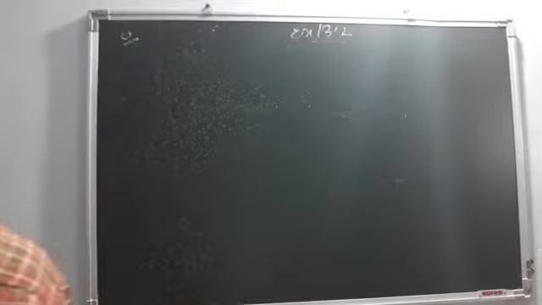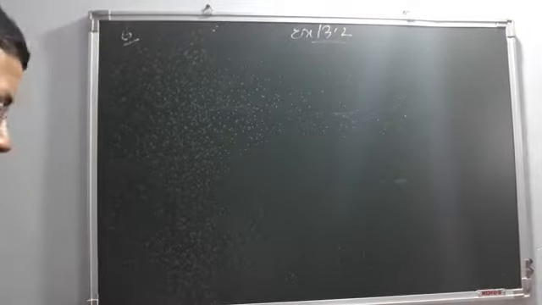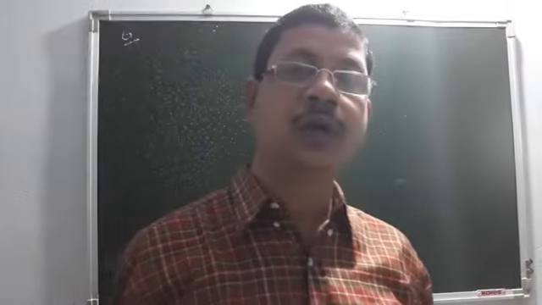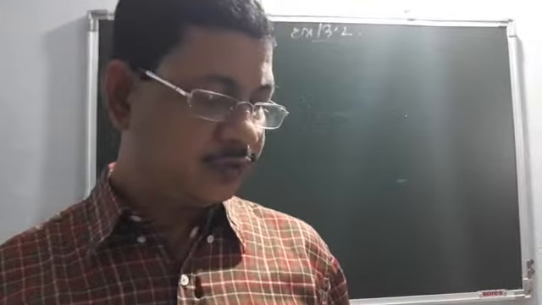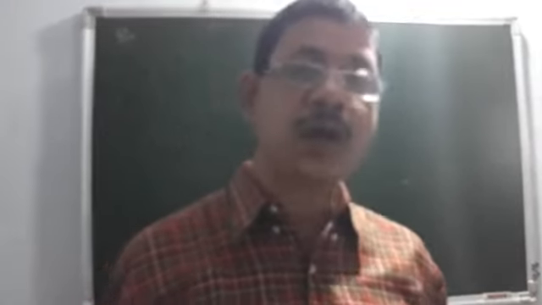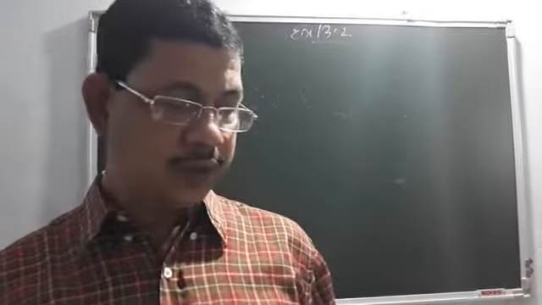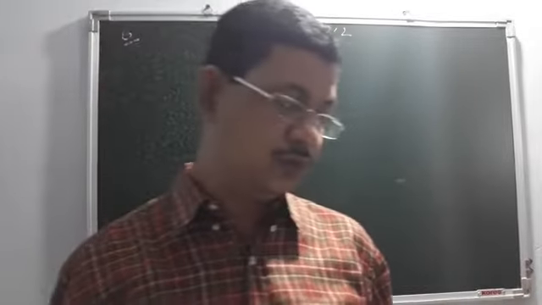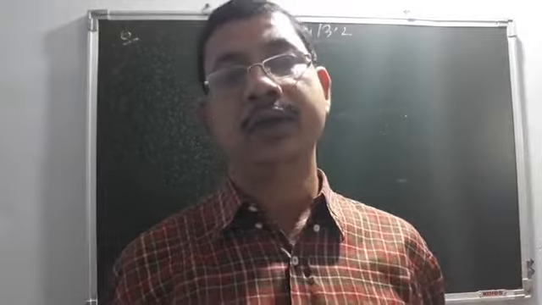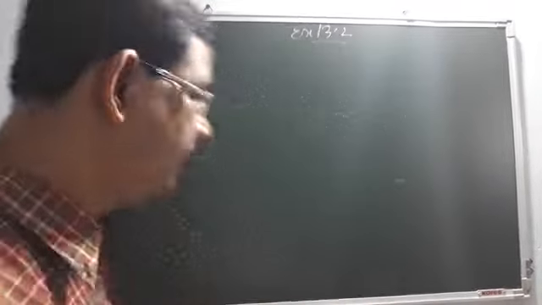You see, this one is: find the derivative of x to the power n plus a x to the power n minus 1 plus a square x to the power n minus 2 plus dot dot dot plus a to the power n minus 1 x plus a to the power n, for some real number a. So we have to differentiate that.